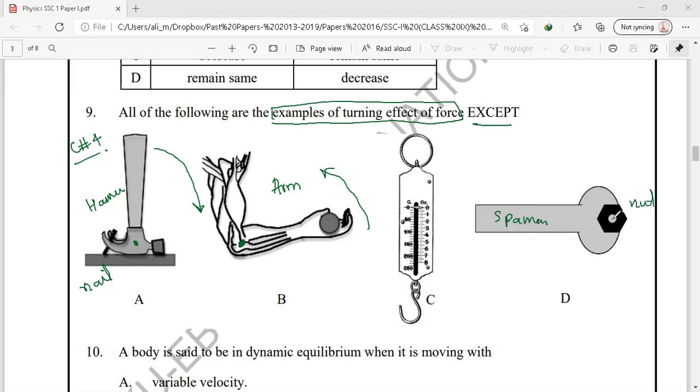So we know that this is the point of rotation in this case. So this example also involves turning effect of force. Then in option C, we have a Newton balance. And this Newton balance is used to measure the weight of the object. So in this case, there is no application of turning effect of force. So the correct option for this question is option C.